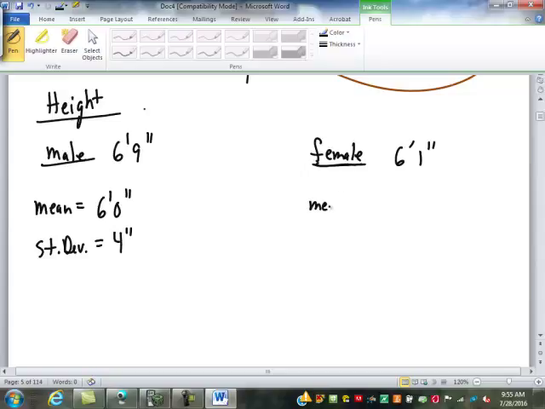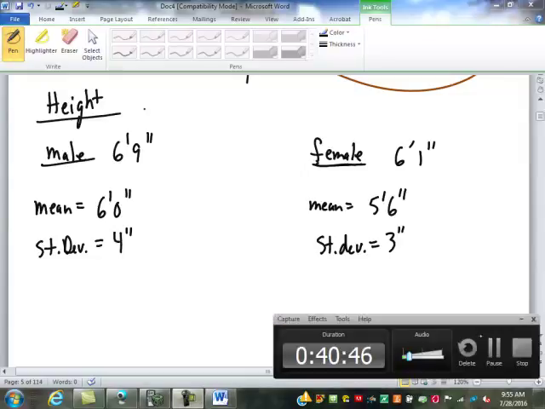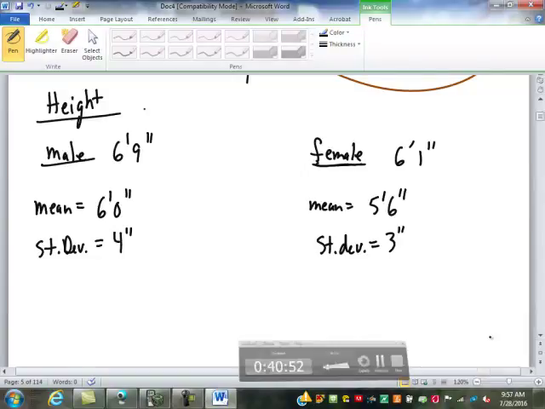For females, the mean is 5'6" with a standard deviation of 3 inches. Which one is more unusual, a taller player compared to their population? I'll give you a minute to look at that one. Be careful with the numbers here because it's written in feet and inches. You might have to do some converting to make it work.